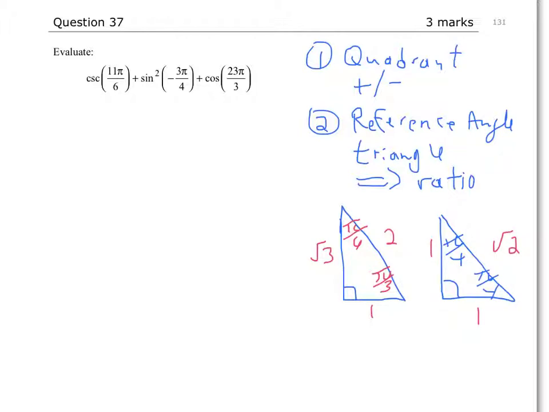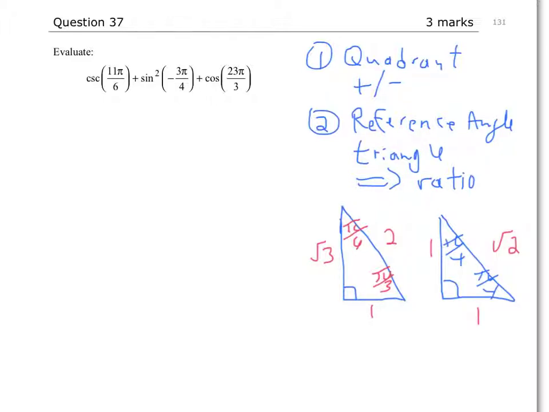So in starting this question, the first thing I'm going to look at now is the quadrant, because I'm going to use that information to determine whether something is positive or negative. So 11 pi over 6 is my first angle. So what quadrant is 11 pi over 6?